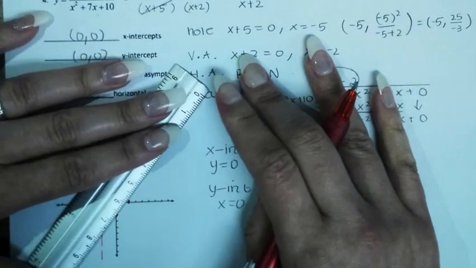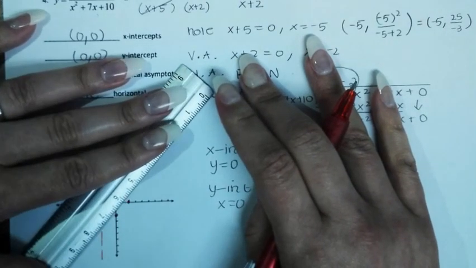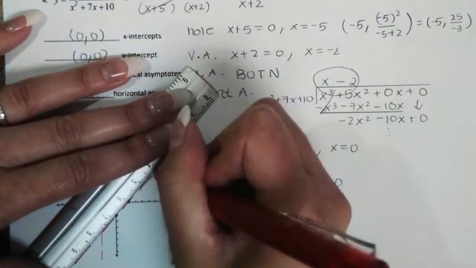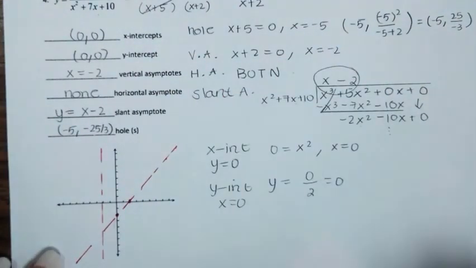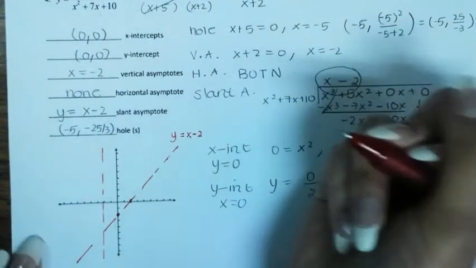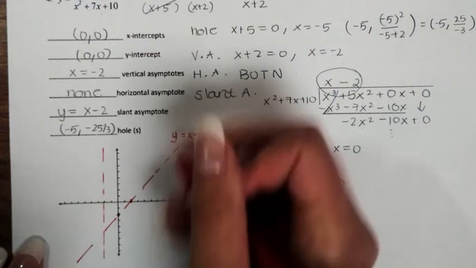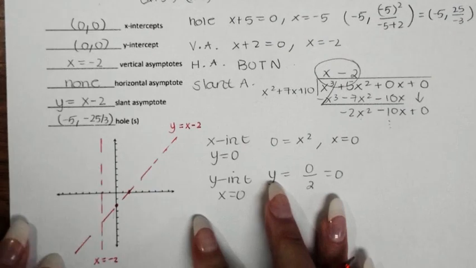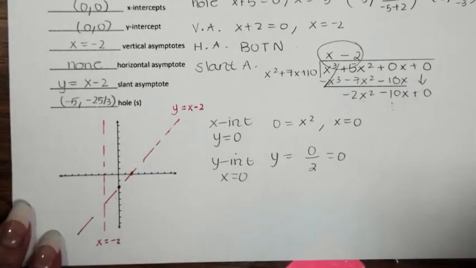Let me just make sure that it's correctly positioned. Okay, so you have your slant asymptote, y equals x minus 2, and the vertical asymptote is going to be x equals -2. Okay, so we have that piece of information. Look how beautiful it looks.